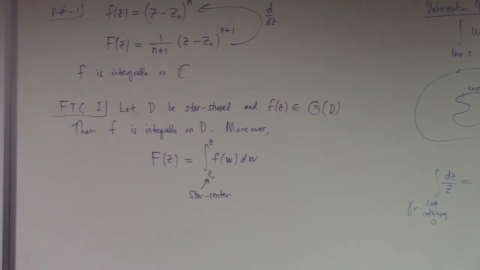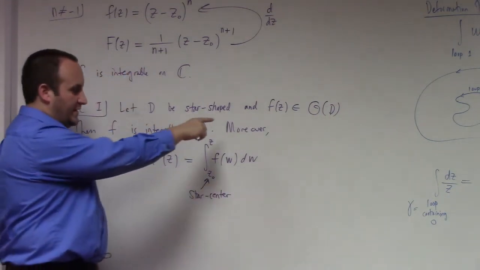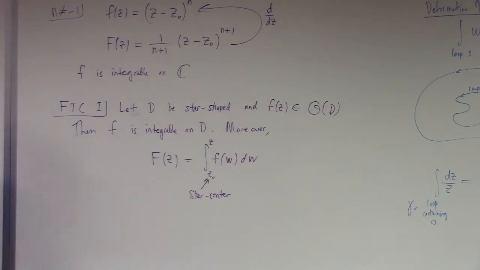Because closed implies path independent on a star-shaped domain, and we actually worked this formula out on the closed set. So why is f(w) dw closed? Well, if it's holomorphic, that implies that it's closed, right? We proved that before. That's the proof.